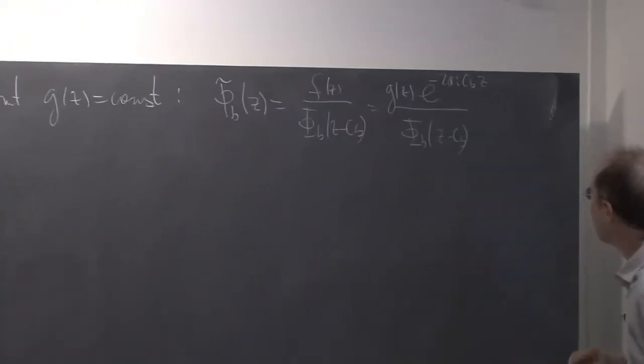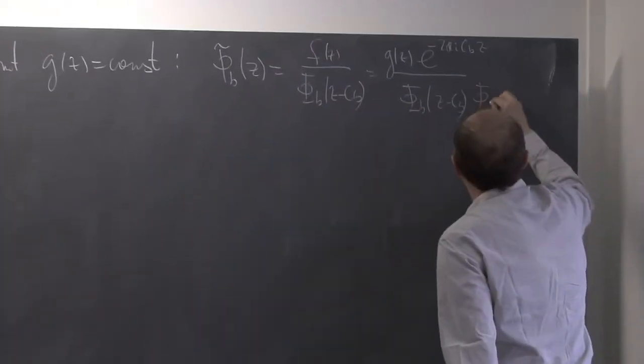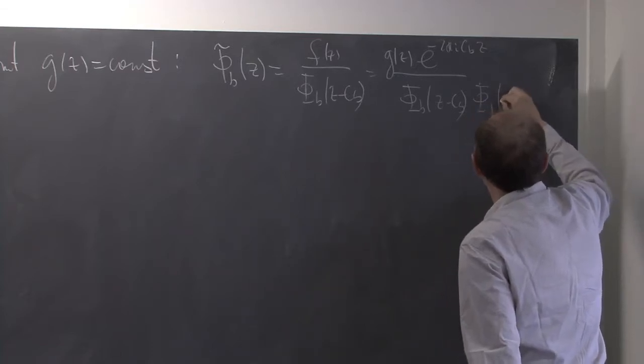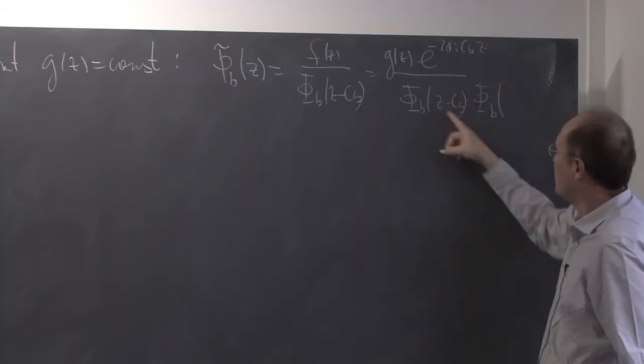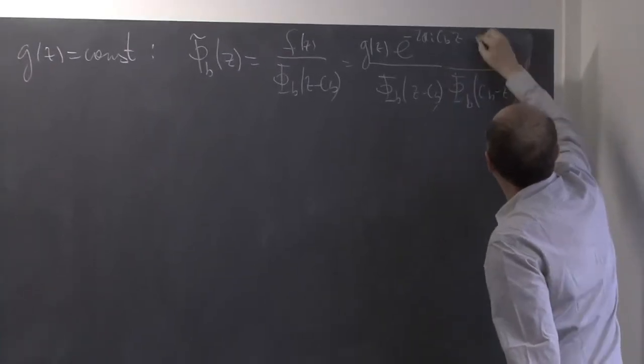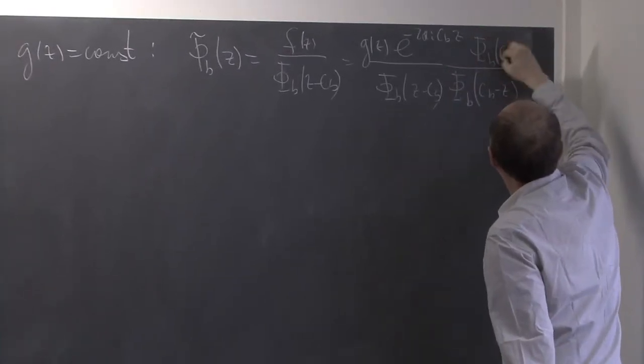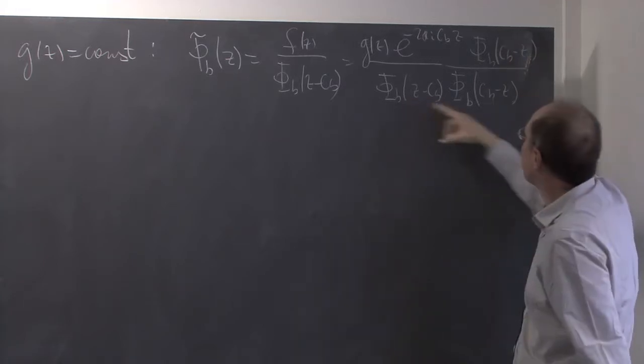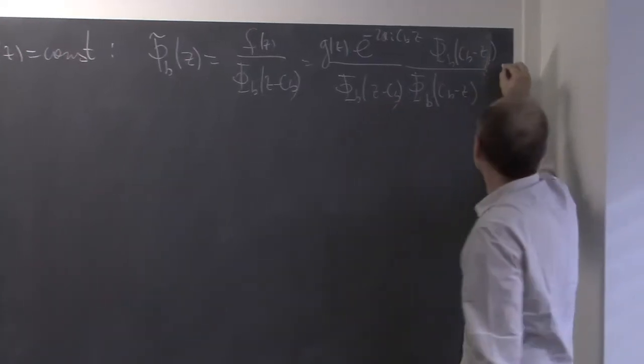And then I can multiply the numerator and denominator by phi of the negated argument here, and use the inversion relation in the denominator.